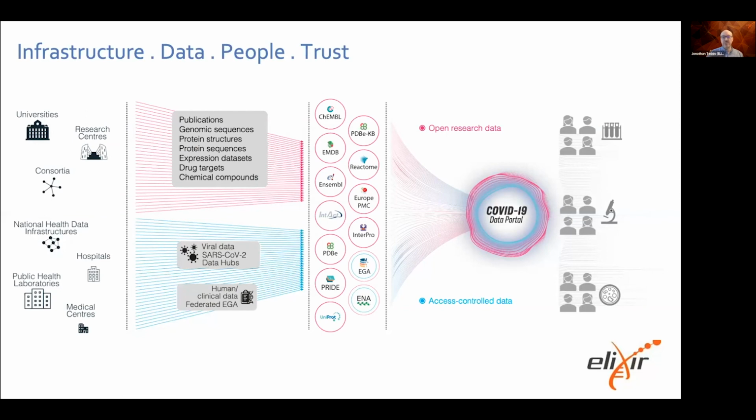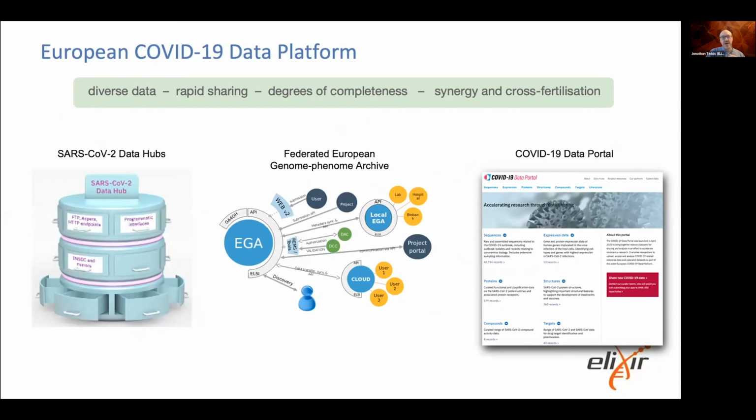So the portal is hosted by the European Bioinformatics Institute, but ELIXIR was a key coordinating partner in bringing together the many different actors. You can see in the middle there this large number of key data sets which were required for the analysis. And it's all about how do you build that trust alongside the technical solutions and infrastructure.